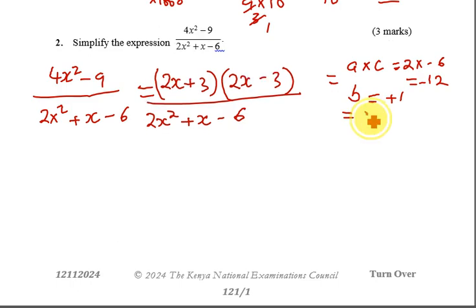It is negative 3 multiplied by 4, which gives us negative 12. And when we add negative 3 and 4, we get positive 1. So with that knowledge, now let us go back to what we are supposed to do.